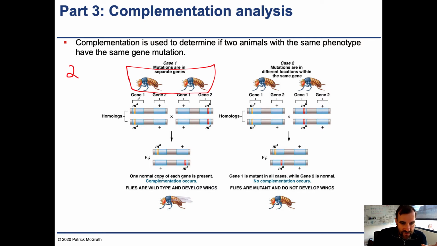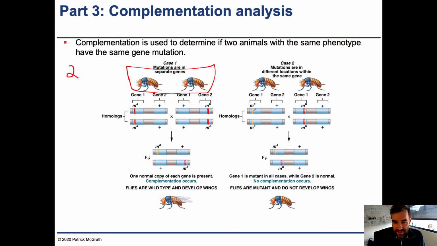So here we have gene 1 and gene 2, and so we can see that this fly has a mutant. It's homozygous right here in the beginning of gene 1, and then this one is wild type. This one has a mutation in gene 2, and so again, it's homozygous, and that is at the end.